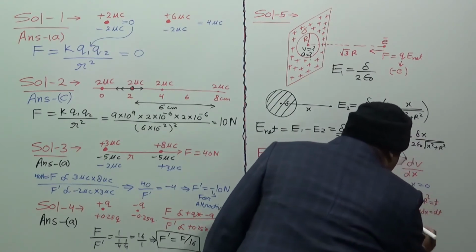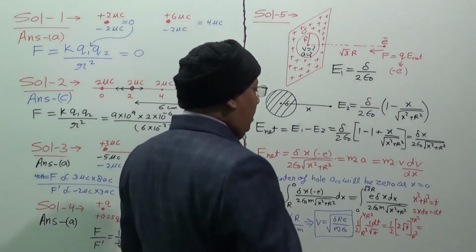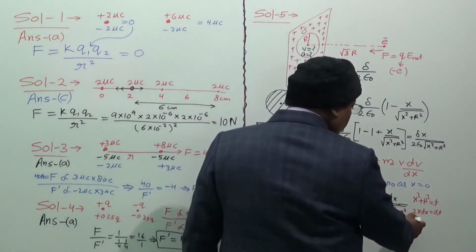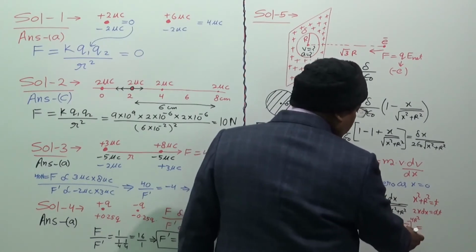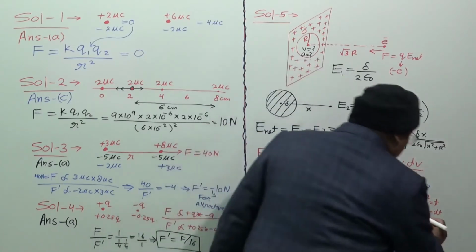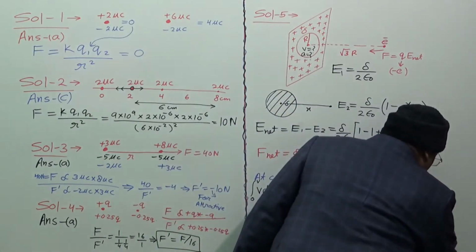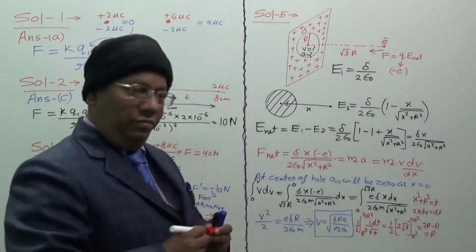These two will cancel out, and by applying 4r square here you will get 2r, and by this lower limit r square you will get r. So 2r minus r, and thus you can get r.